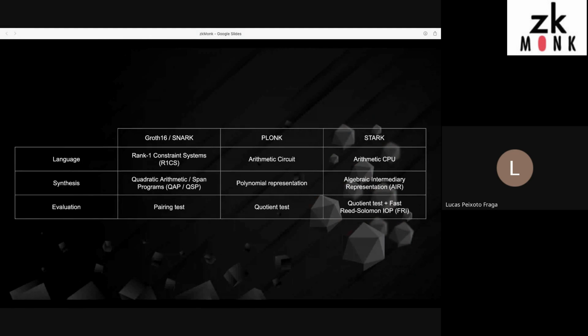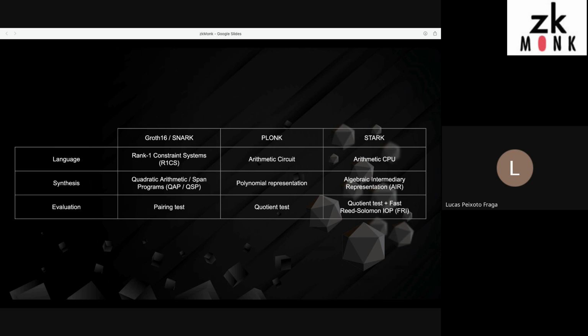Groth16 and the original SNARK use R1CS as their language. I'll explain what this means. They use QAP or QSP to synthesize this language. Don't ask me the difference. I never really got it. For me, they're very similar.